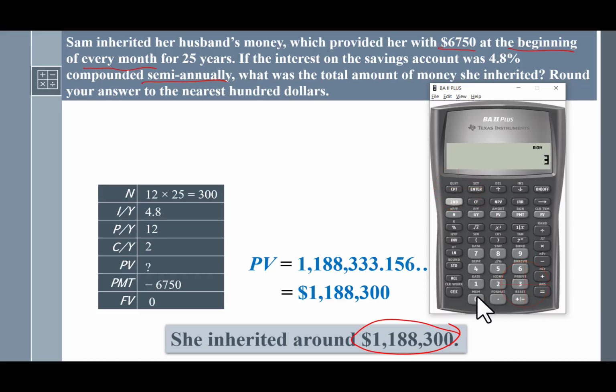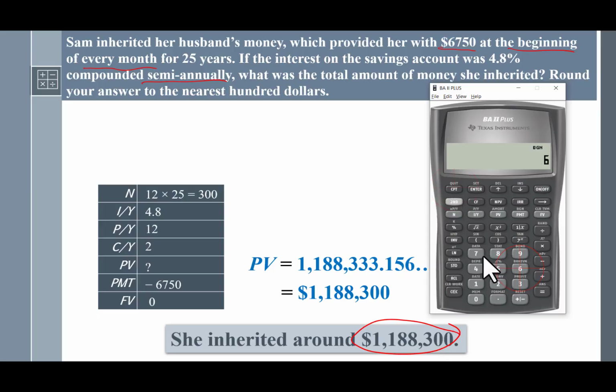300 is N. Interest rate 4.8. Let's go to PY. That's 12. Don't forget to press enter. Get to CY, which is 2. Enter. Second. Quit.